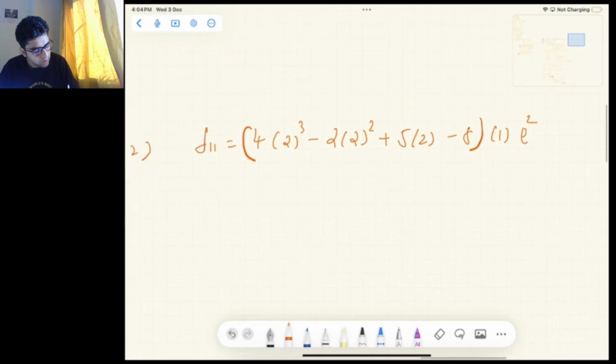So this gives me 4 into 2 cube minus 2 square, so this becomes 4 into 8 minus 8 plus 10 minus 8.